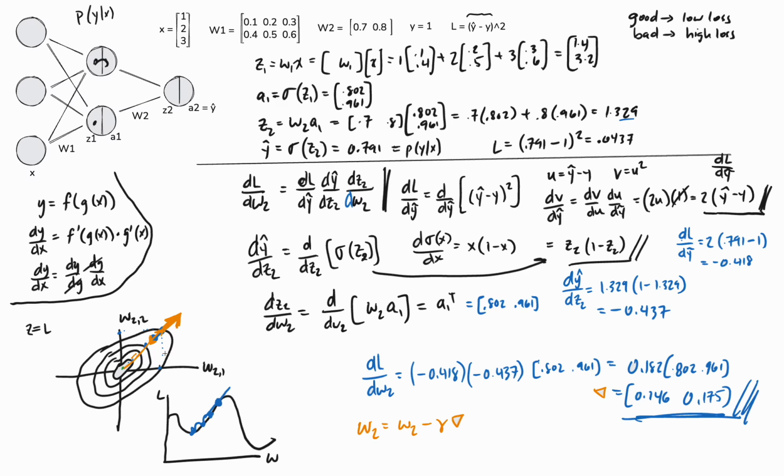And yeah, this learning rate is a hot topic in deep learning, like what do you set it to? A lot of times they'll change it with some sort of schedule over time.